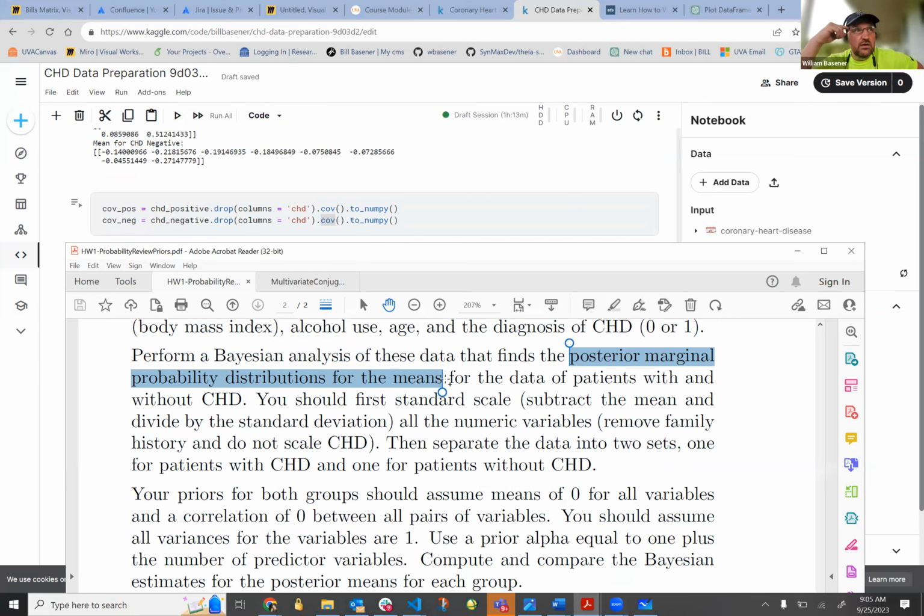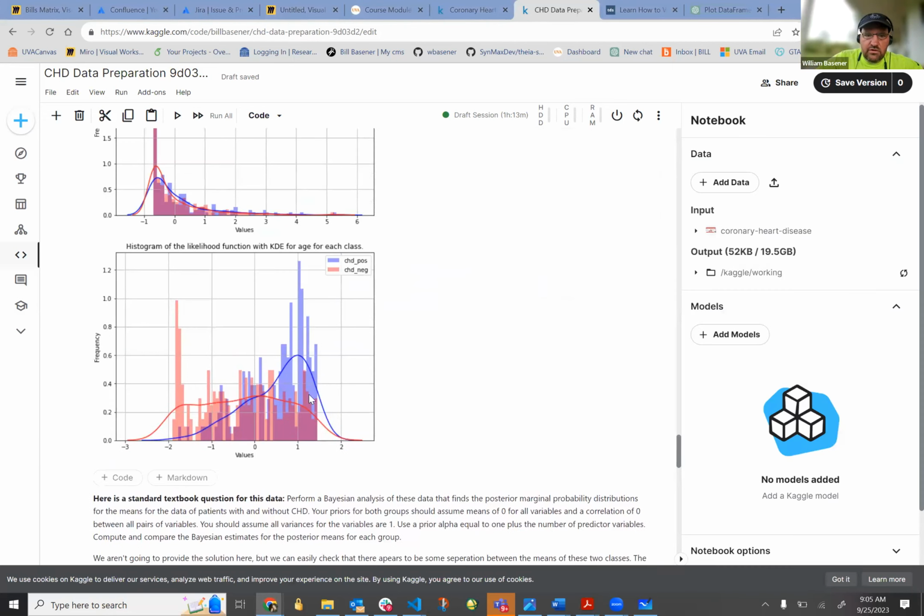A lot of times people make assumptions, and it's fine to get used to this in the field. This is a standard question from a textbook, but it's implied that you're assuming a multivariate Gaussian distribution for these means. If we look up here, we're saying how separated are these two means.